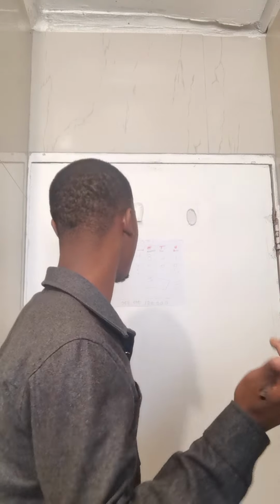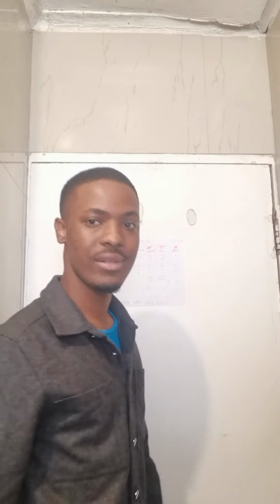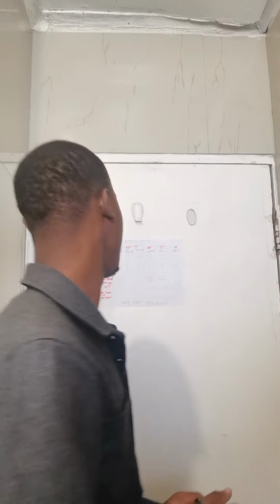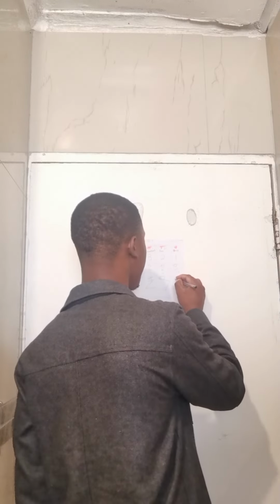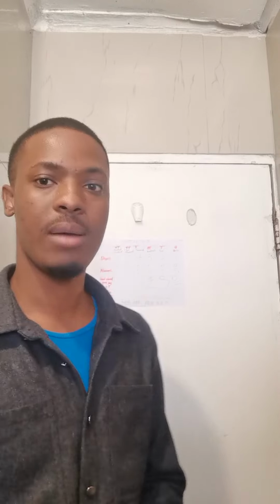Yes, your 0 will be placed on the tens. What about the other 0? Yes, the last 0 will be the unit. I'm sure you answered. Who has another question?